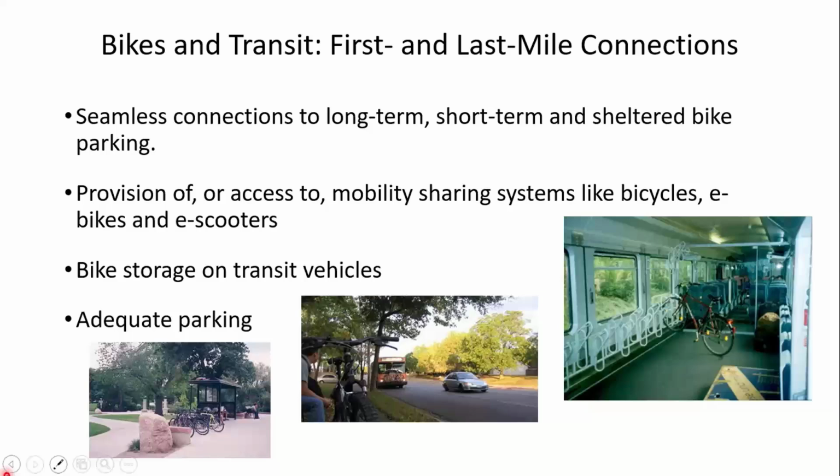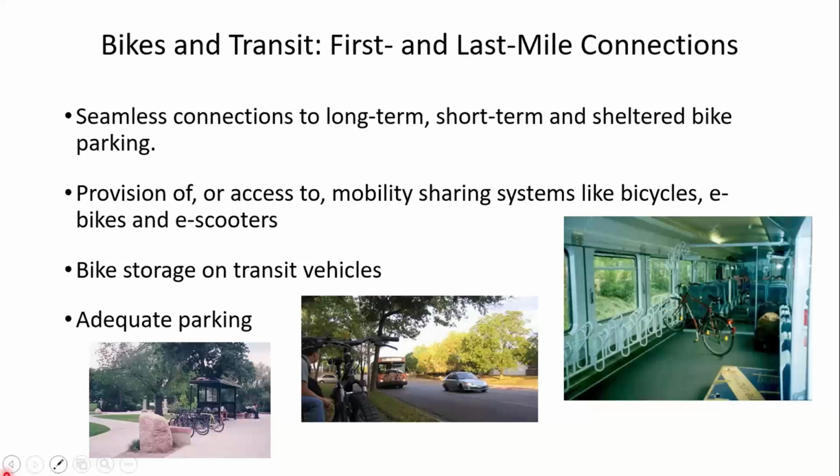And then, of course, bikes in transit. I kind of call this the first and last mile connections. We should try to make those connections seamless for users for long-term, short-term, and sheltered bike parking. Provision of or access to mobility sharing systems like bicycles, e-bikes, e-scooters, bike storage on transit vehicles.